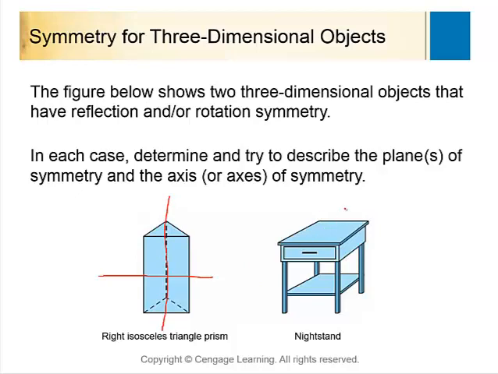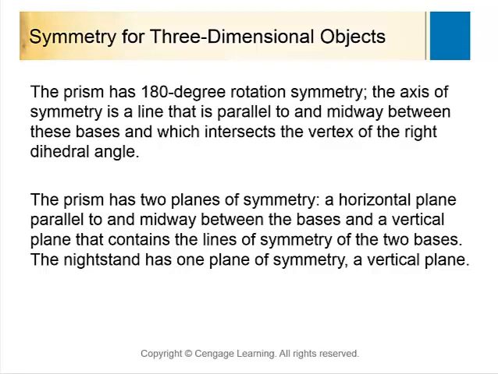With the nightstand, that would be right in here. I would be able to look at both the left and right sides and see that it reflects back on each other. Alright, and here we are looking at those two. They're describing that for us.